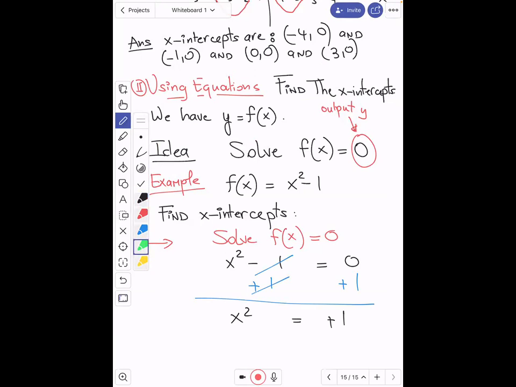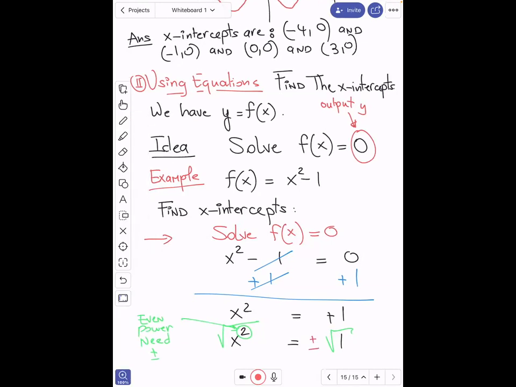So that's square root both sides. Here's my square root. Here's my square root. And now, of course, you have to be careful, guys, because this is an even power. It's a square, so that's even. And because it's even, you're going to need the plus or minus. So here, I'm going to need the plus or minus.